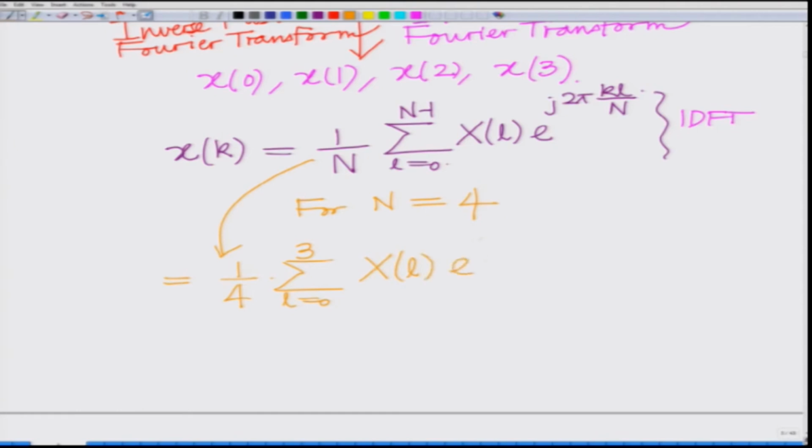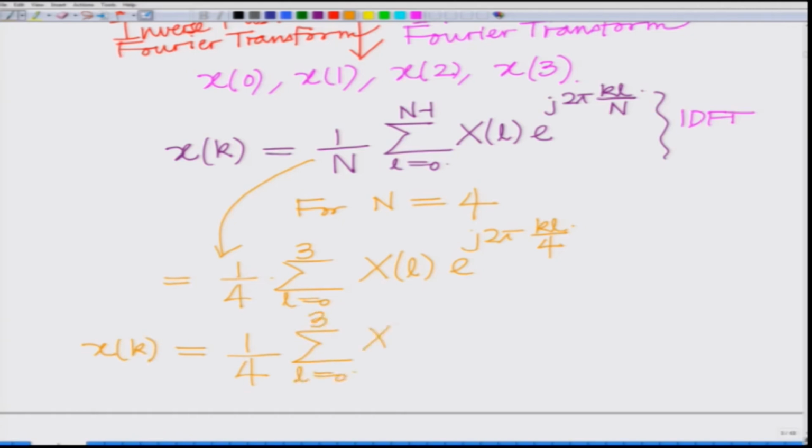x k equals 1 over 4 summation L equal to 0 to 3 of capital X L e raised to j 2 pi k L divided by N, which is 4, which is equal to 1 over 4 summation L equal to 0 to 3 of capital X L e raised to j pi by 2 k L. Please note that this is only for this specific example corresponding to N equal to 4 subcarriers.